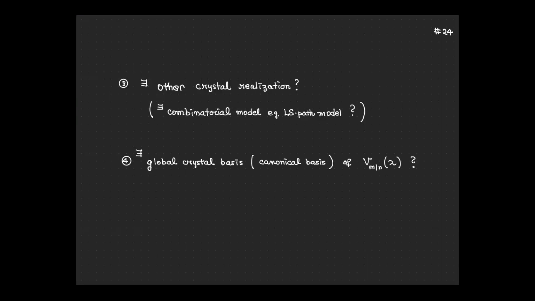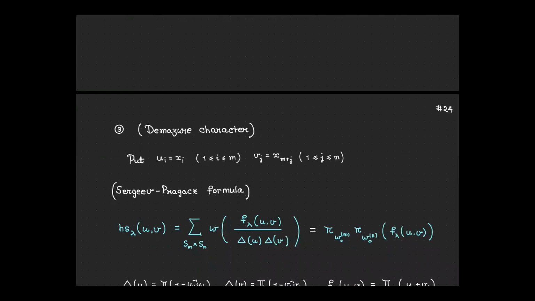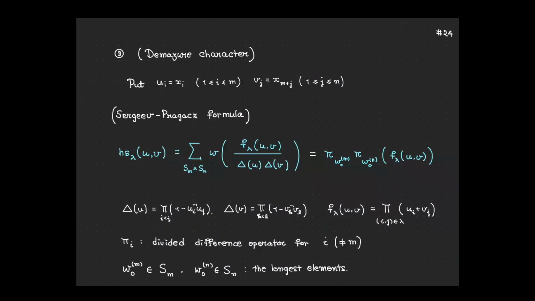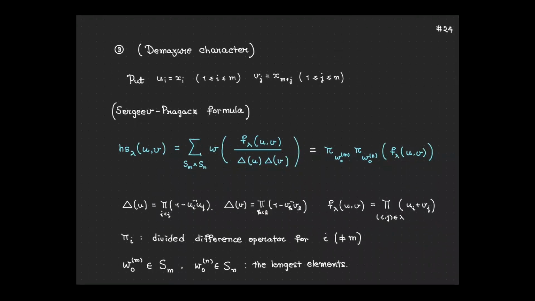Actually, I prepared some extra slide on the Demazure character. The reason why I didn't introduce this slide is that there might be some misunderstanding on my part. But anyway, it's an important question. So basically, we can think of a maximal vector.